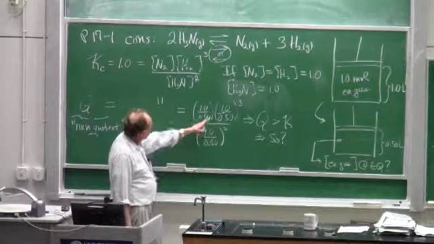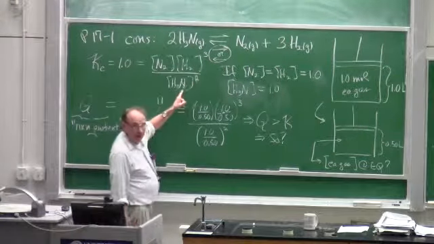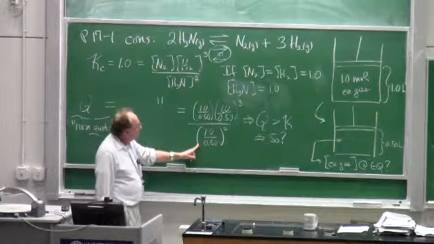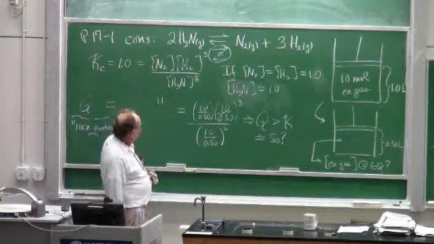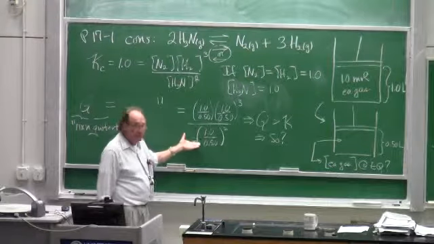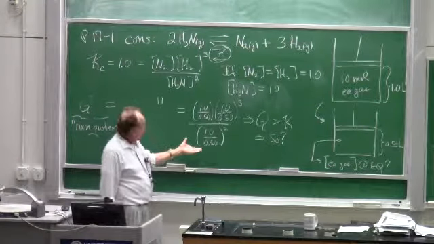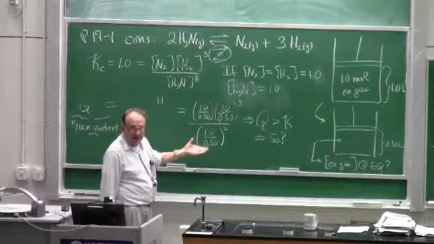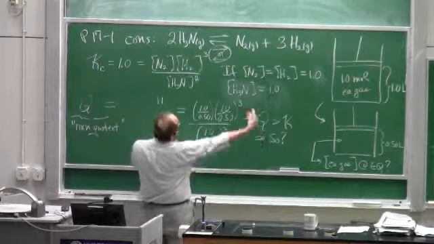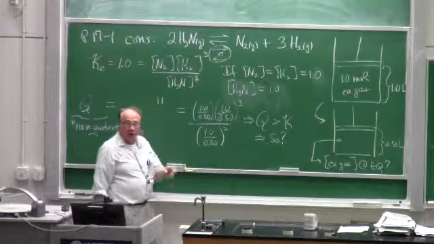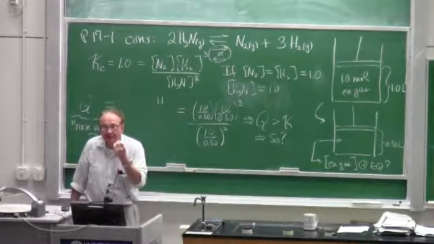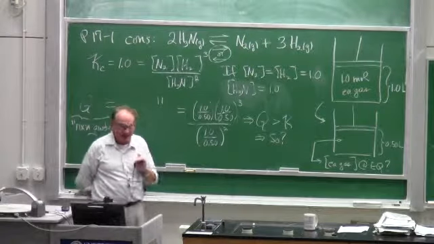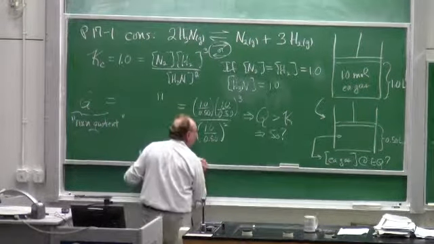So I simply put those values in for the Q concentrations and see what kind of number I get relative to K. I don't have to do anything fancy with this expression to see that whatever the numerical value is, it's bigger than K. That tells me it's got to go this way in order for Q to get smaller until it becomes equal to K. Then we're back to equilibrium. Okay.